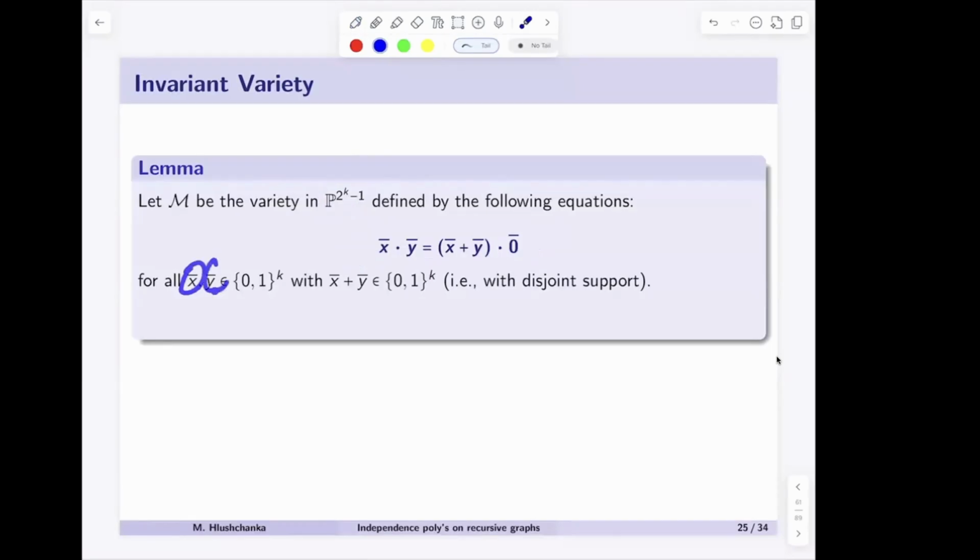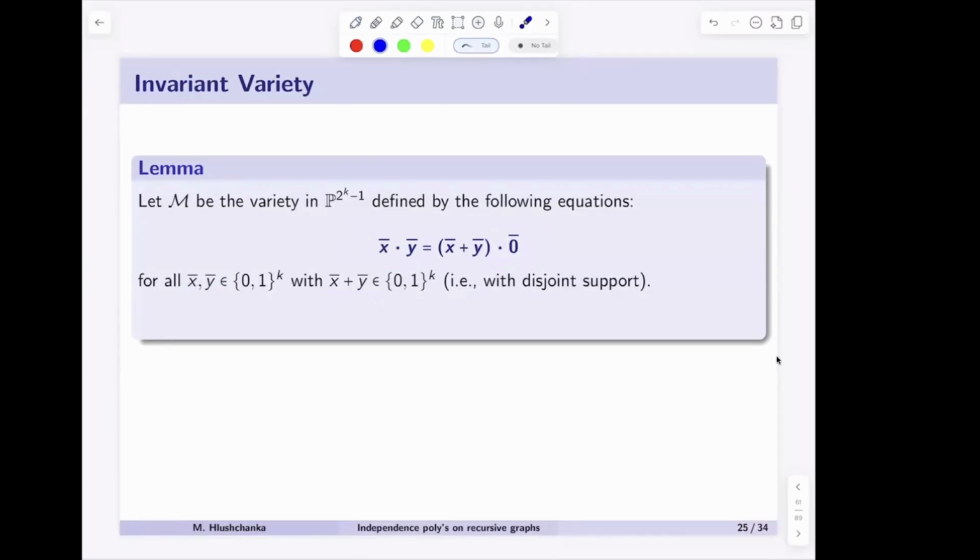So I look at all k-tuples x and y such that their sum is still a binary k-tuple. And then I consider the corresponding equation: the product of the x tuple times the product of the y tuple equals the product of the x plus y tuple times the 0 tuple. This is one equation, but I look at all such equations for all possible binary tuples x, y such that their sum is still a binary k-tuple.